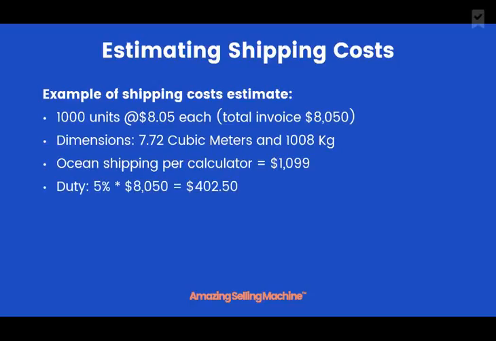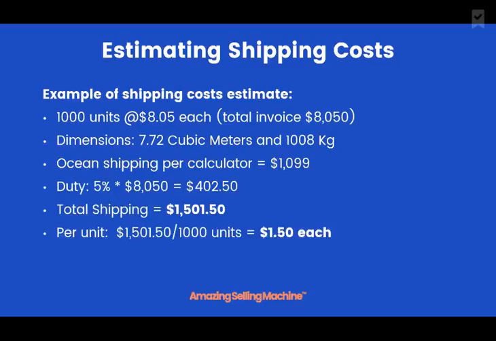Now I need to add in the 5% of my invoice, which comes out to be $402.50. Therefore, the total shipping is $1,501.50. And when I divide that among the 1,000 units I have, that means that my shipping per unit is $1.50. And that's what I would be entering into our product opportunity spreadsheet.